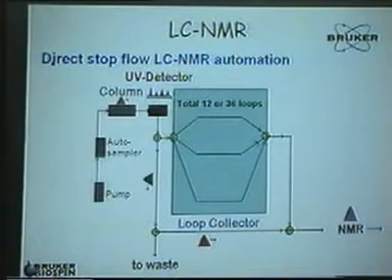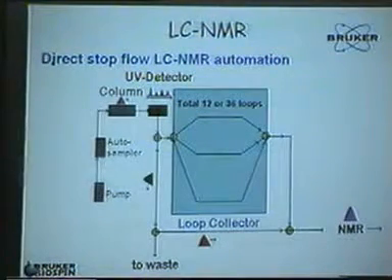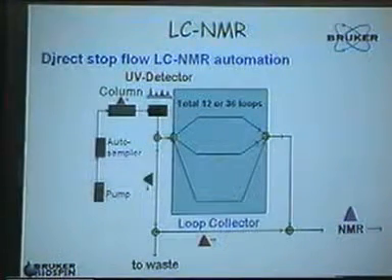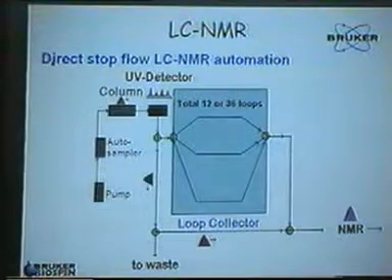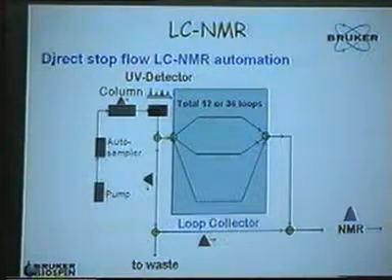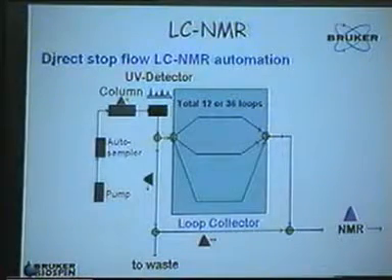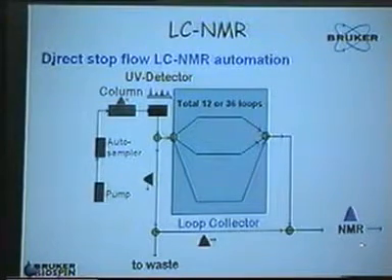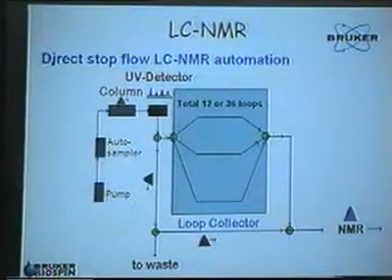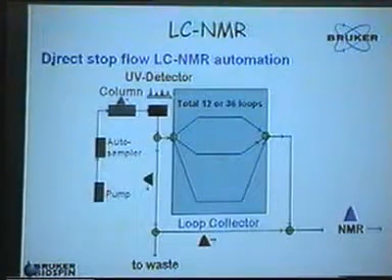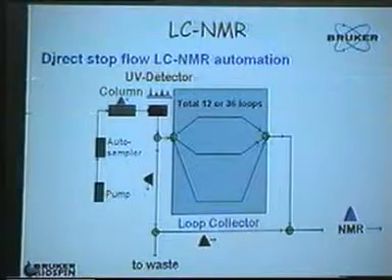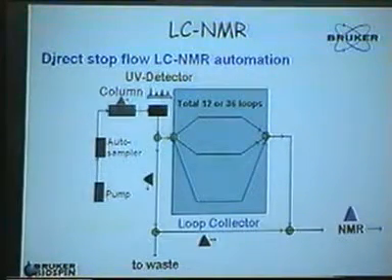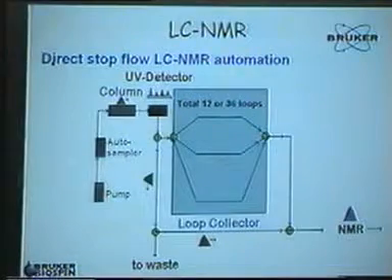Of course, the faster, the better, because if it's not fast enough, the peaks can start to expand and merge together again. But then we do the NMR and we continue to the next. This is a method called direct stop flow: you separate, send directly to the NMR, and each time there is something in the NMR cell, you stop. Next.